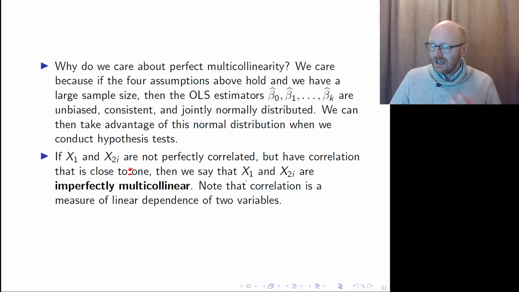Then we say that x1 and x2 are imperfectly collinear. Okay, this correlation is just a measure of linear dependence between two variables.